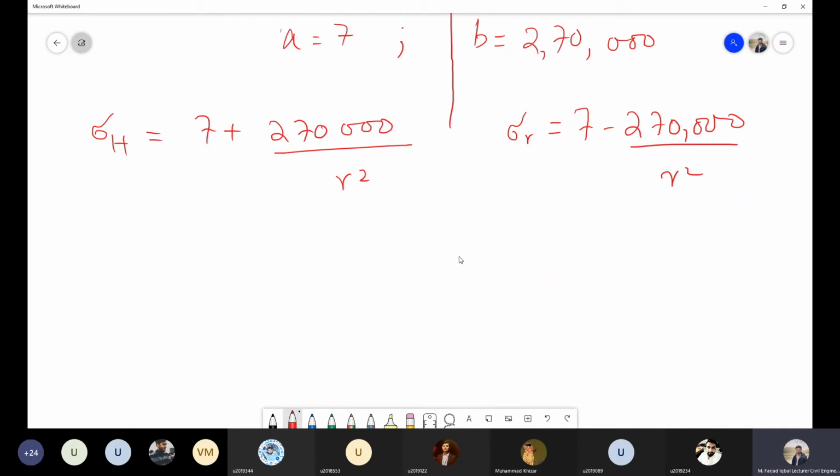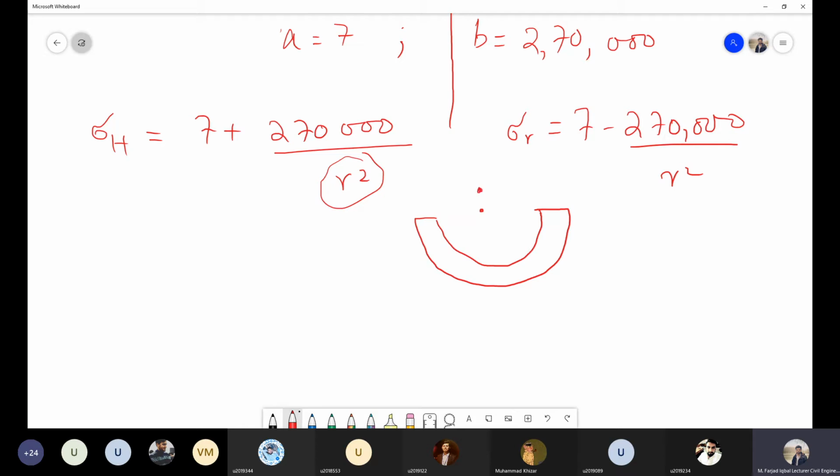Now, what should I substitute over here to get the hoop stress? Anyone? What value of radius will we substitute? Sir, it can be anything, whichever radius we want to find it at. As we discussed in our initial classes on this topic, if this is the cylindrical element, the hoop stresses vary based on the thickness or radius of the cylinder.